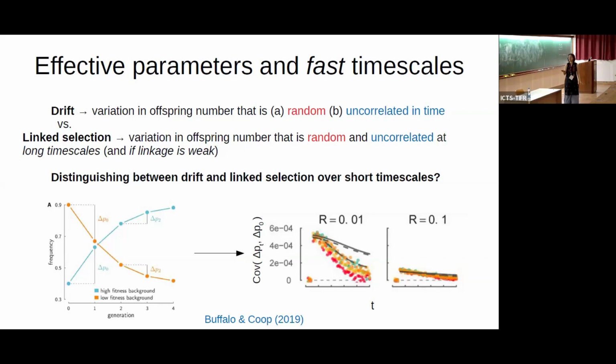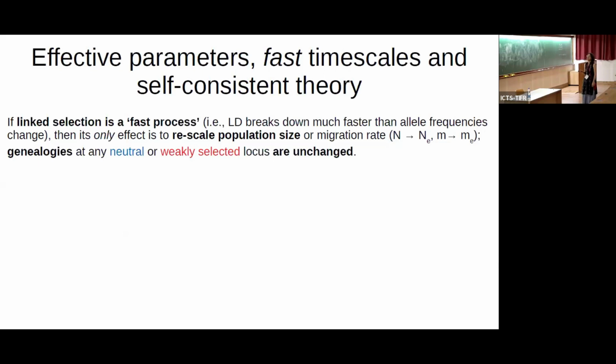In fact, they saw these signatures even when they removed all the windows where there were obvious selection targets, and then reanalyzed the data without these windows and saw that there were still these positive covariances, which indicated that even the rest of the background was evolving with some effect of polygenic selection.